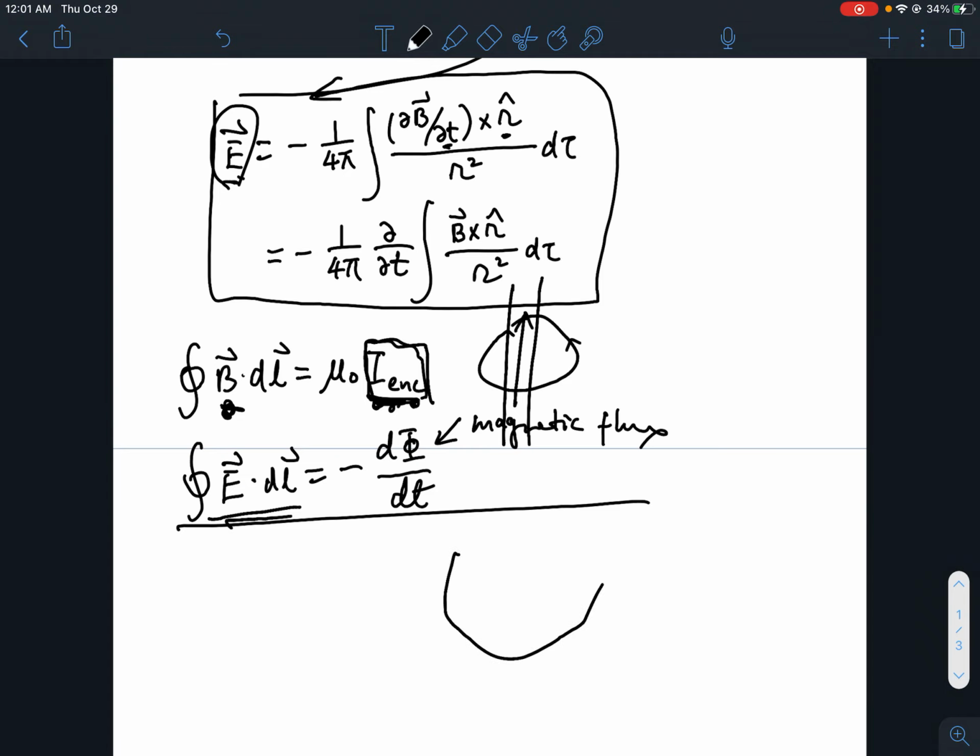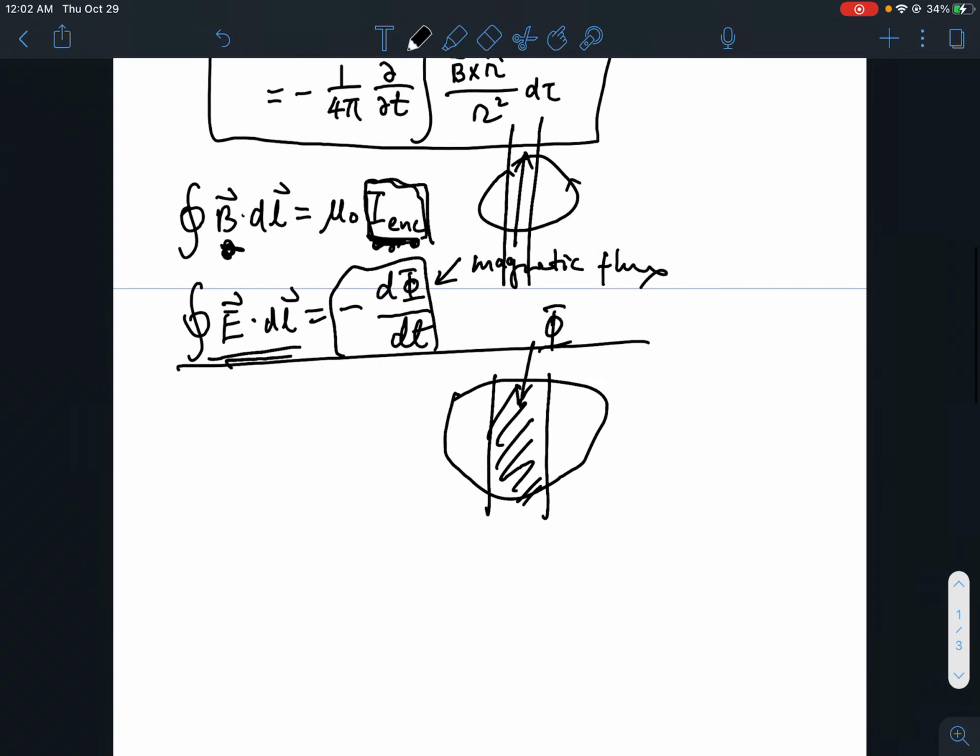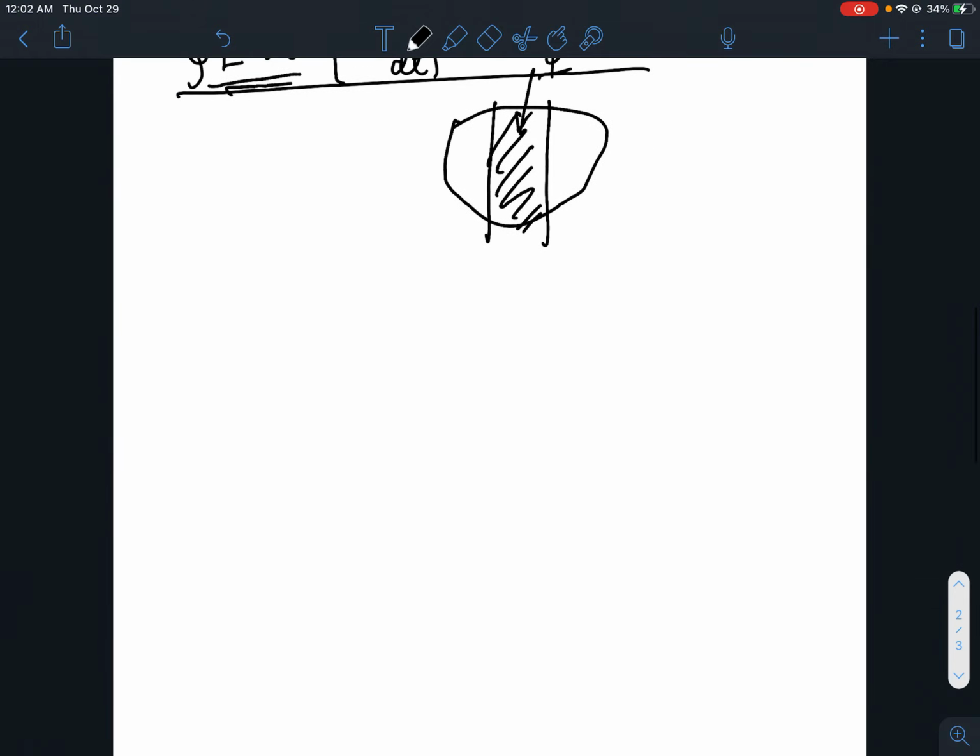We define some loop, and we calculate how much magnetic flux passes through this loop, and we need to figure out the rate of change of the magnetic flux inside that loop. So you can see that they are very similar to each other.